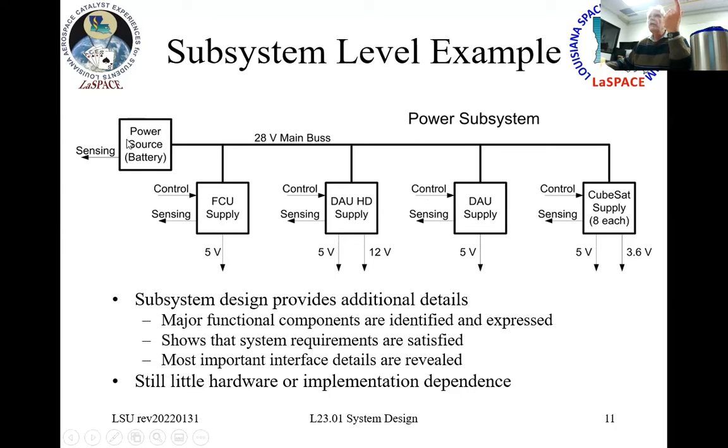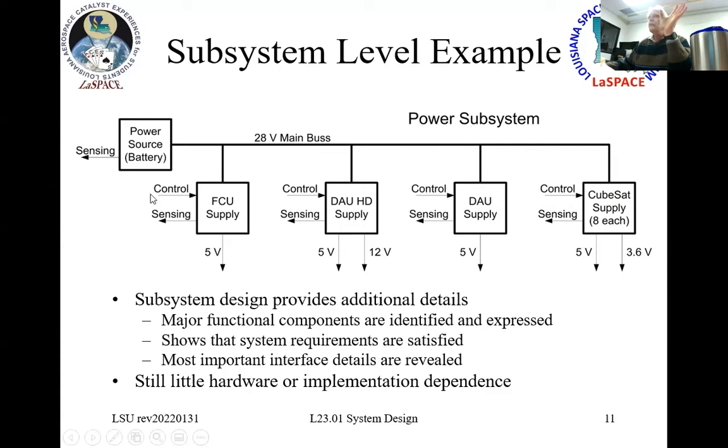But now we know that there's going to be a battery in here. We define what the main bus voltage is going to be, 28 volts. We know that we're going to want to control each one of these supplies. It's not specified how it's going to be controlled yet, just that we want to control it. We also want to sense what's going on in each one of these.